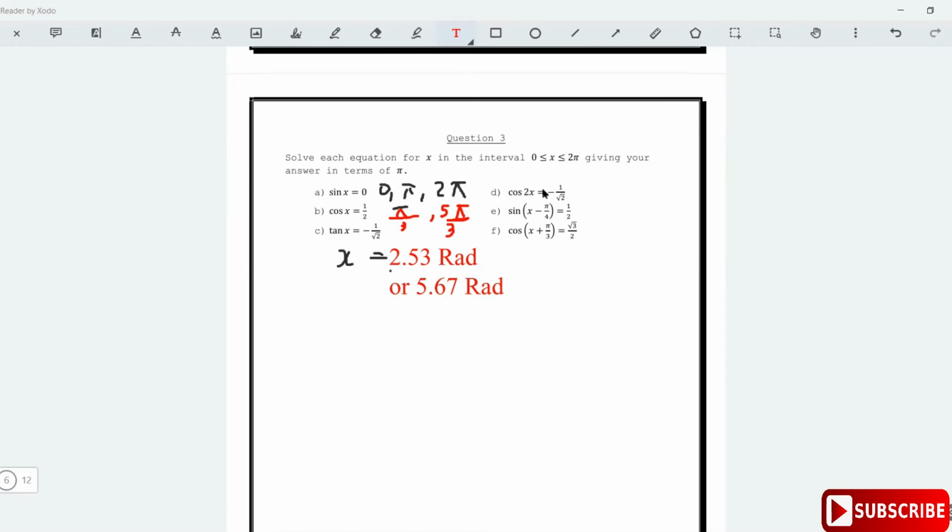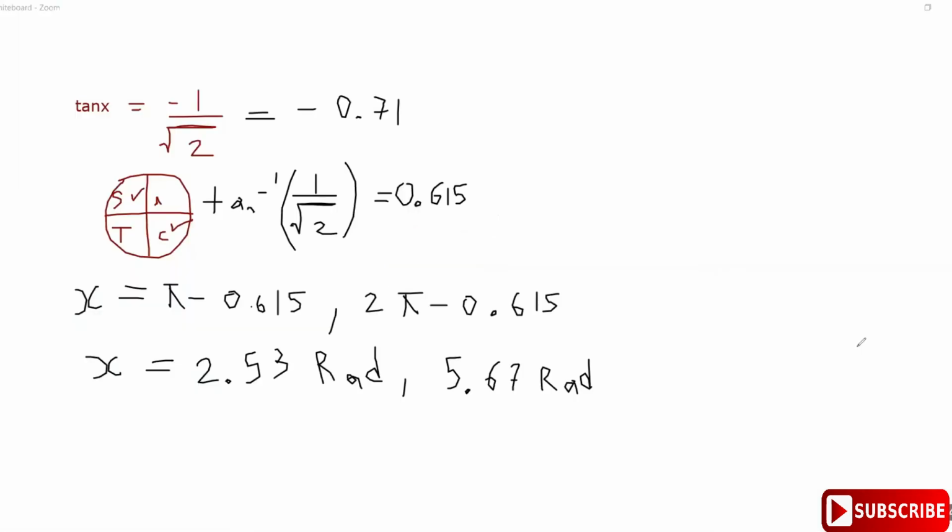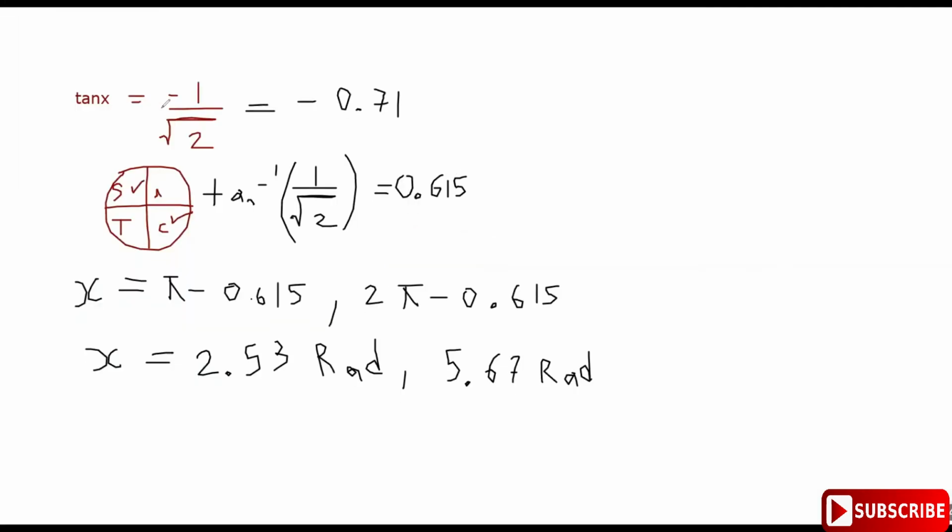Solving the cosine of 2x equal minus 1 over root 2. Cos of 2x equal minus 1 over root 2.